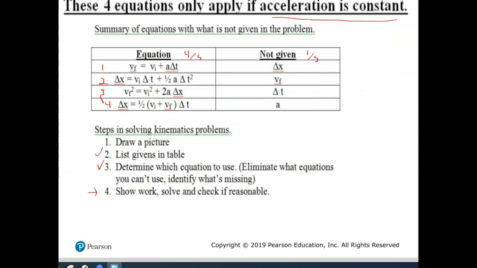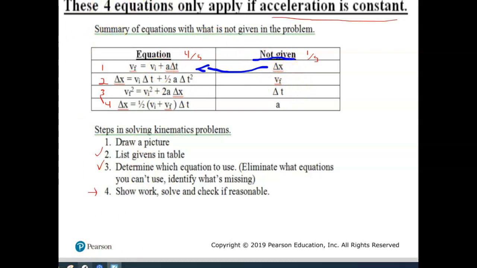I can look through all these equations and try to figure out which has all 4 variables that I want in my chart. Or I can go to the variable that's not given and say that is the one that is not in the equation, so the equation has to have all the rest. We're going to look at what's not given and then decide that's the right equation. So delta x is not given, so that's the one we want.